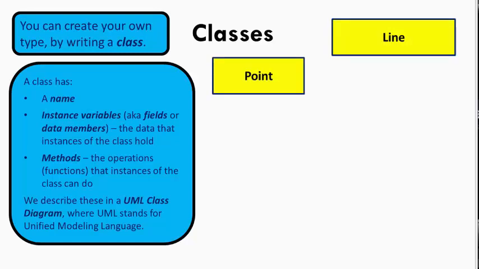For example, consider the point class. What 2 items of data would a point have? Pause for a moment to figure that out. Yes, it would need an x and a y for its coordinates, assuming that it is a point in 2-space.